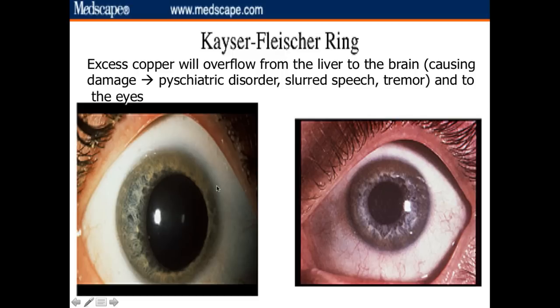You can see this. This is not a cosmetic thing like what you would think, but more of a symptom for people who are having problems with copper metabolism. And this is called the Kayser-Fleischer ring. The excess copper will overflow from the liver, and if it goes to the brain, it will cause psychiatric disorder. And in the eyes, this is what you will see.